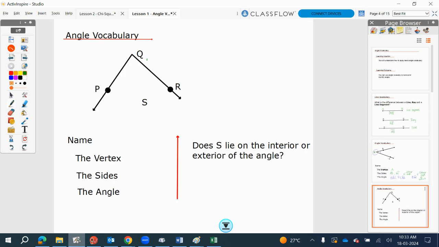Okay, have a go at naming what the vertex, the sides, and the angles are for yourselves. Write them down in your notes. Matt, take out your notebook, write it down.